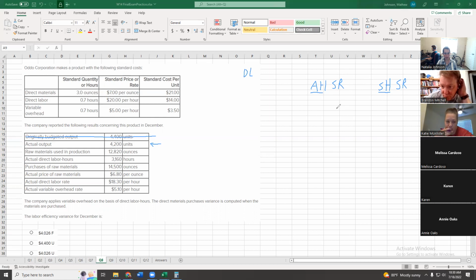So the actual hours, what is it? 3160. Yeah, perfect. Okay, the standard hours, they give it to you. You take your actual output times your standard hours.